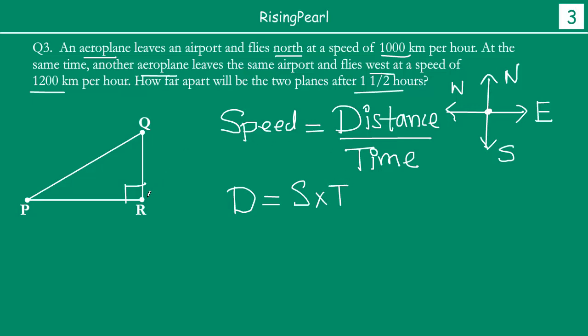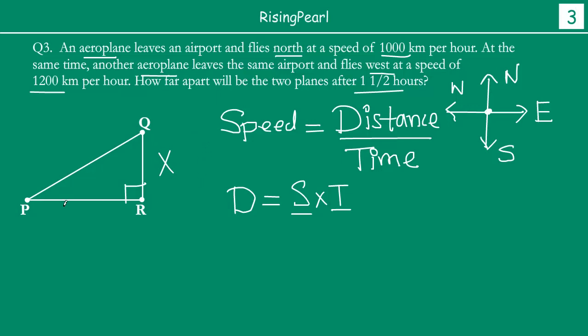So if you look at the first aeroplane, we have been given the speed. Speed is 1000 kilometers per hour and time taken is 1.5 an hour. So if you just put the value of speed and time, you can find out the value of RQ. Let us just call it X, right?